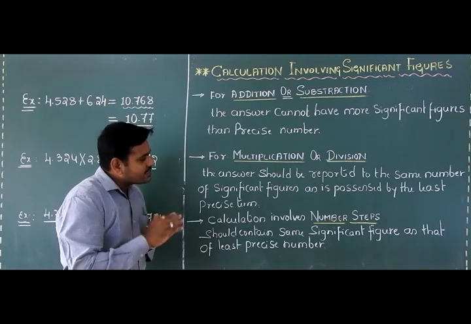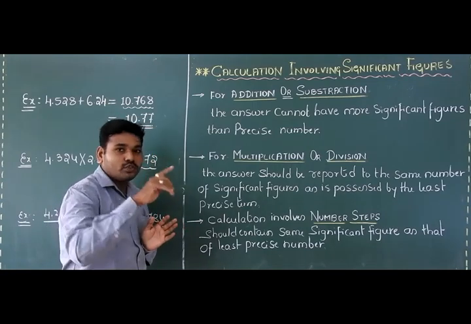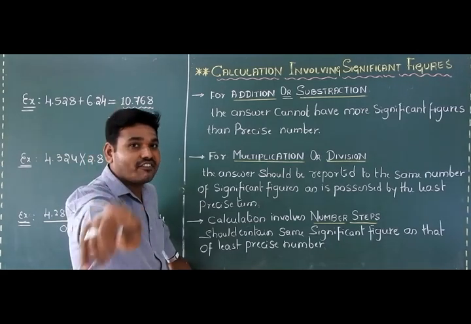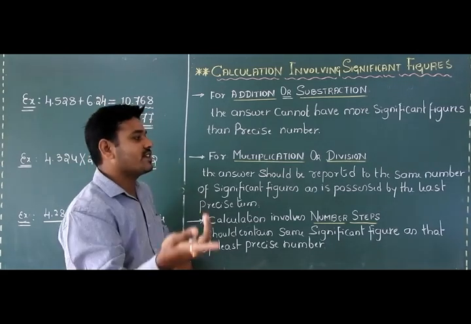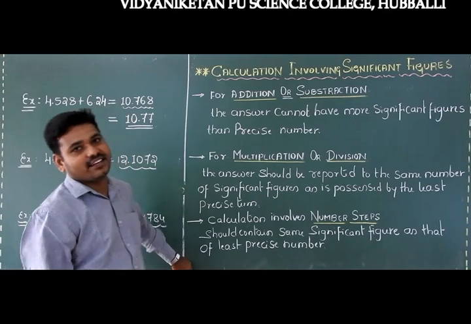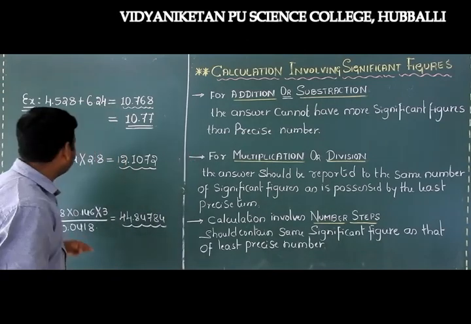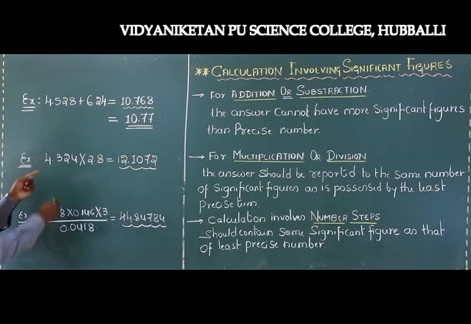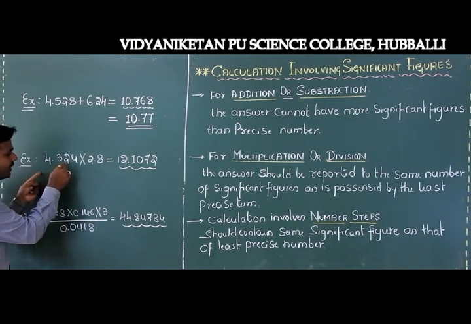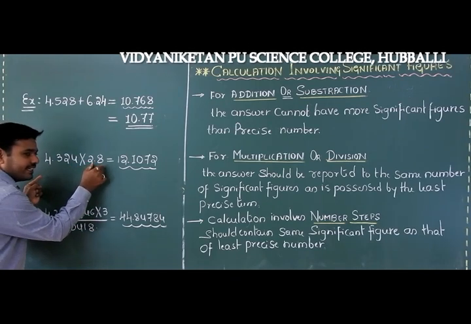Now for this second condition, the example is, let us take a multiplication, 4.324 into 2.8.